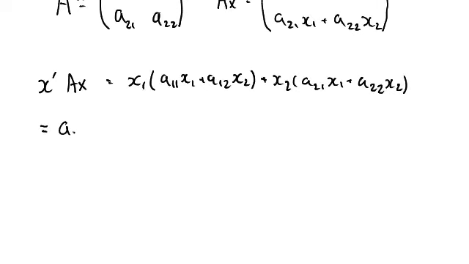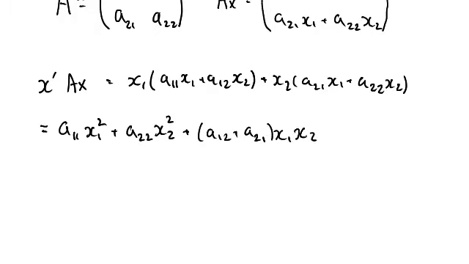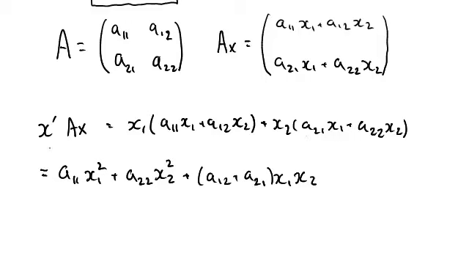Simplifying this result, we have A11 x1 squared plus A22 x2 squared plus A12 plus A21 times x1 times x2. And we see that indeed x transpose Ax is a quadratic form with the x1 squared term, with the x2 squared term, and with the cross product.